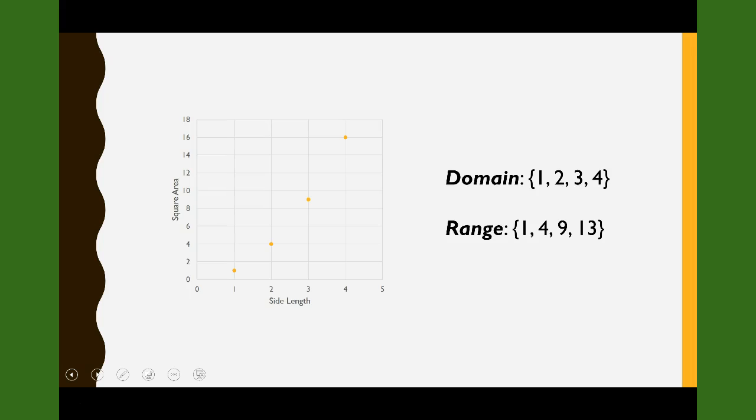Now let's see the graph. In the graph, you really have to know how to name the points. So this one is 1, 1. This is 2, 4. This is 3, 9. And this is 4, 16. So it's just like what we did earlier with ordered pairs.